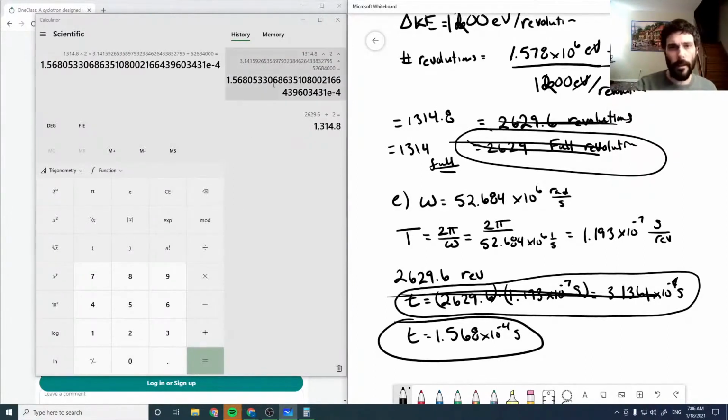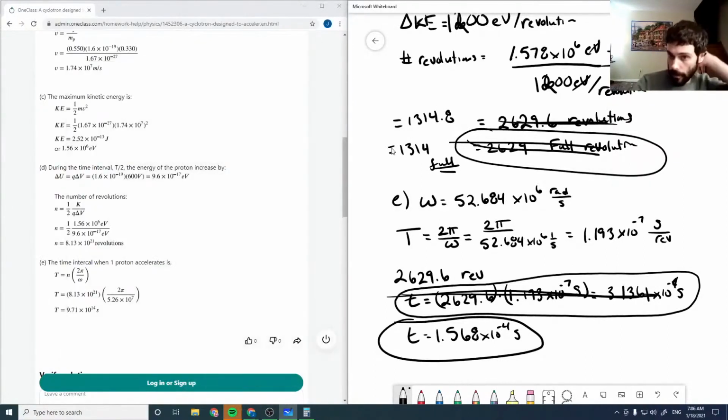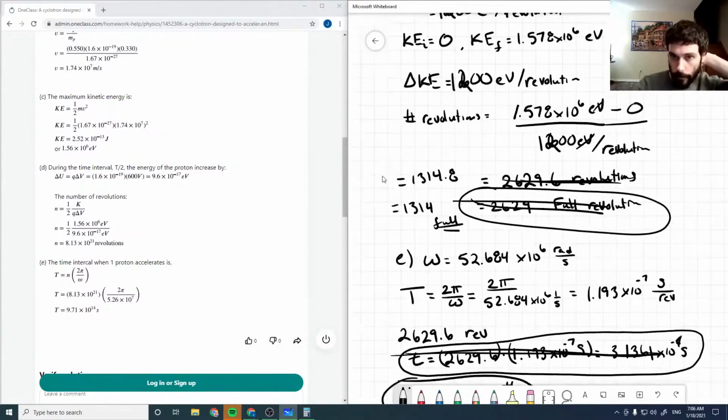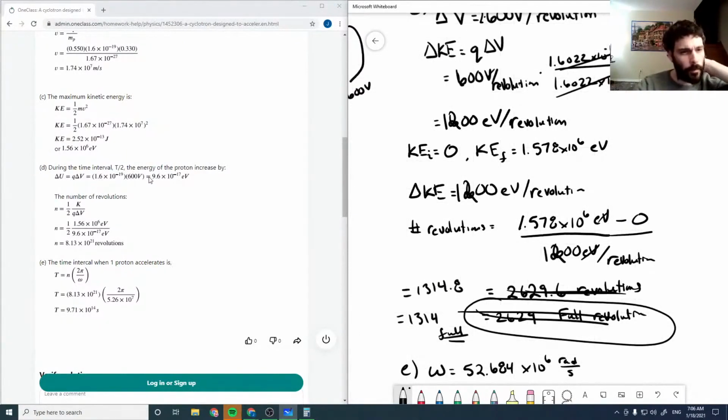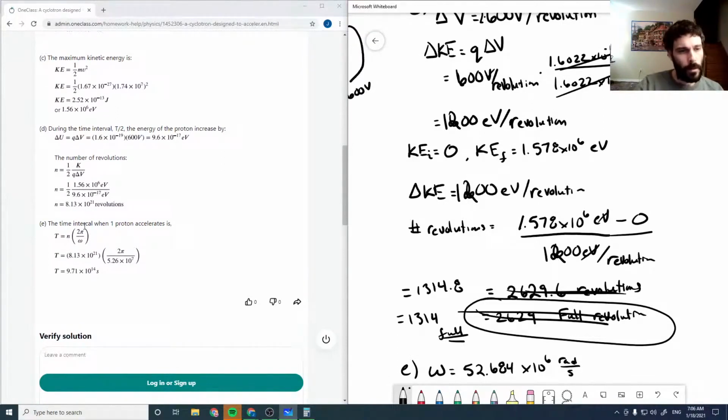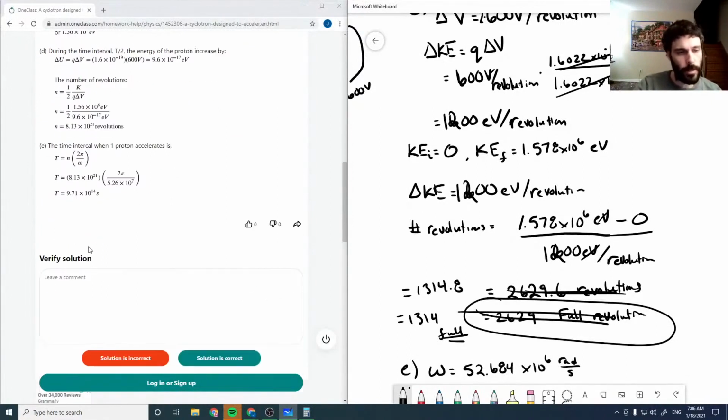All it really does is change everything, because I was doing the calculations for one, and I apologize for that. So that's not correct. We needed to divide by the conversion factor to eV, which was a mistake there, which makes the revolutions quite significant. And then obviously that's going to carry forward to there.